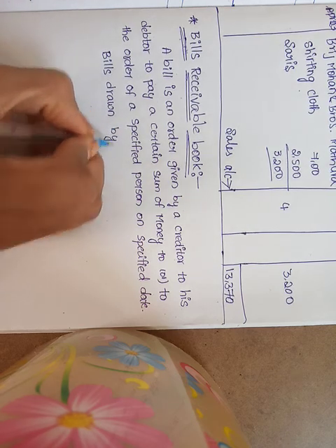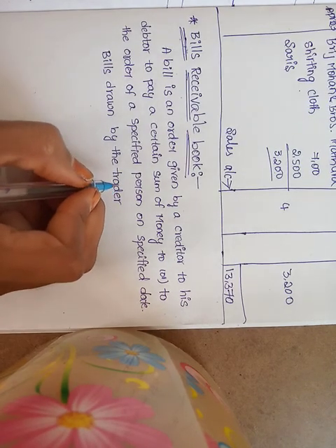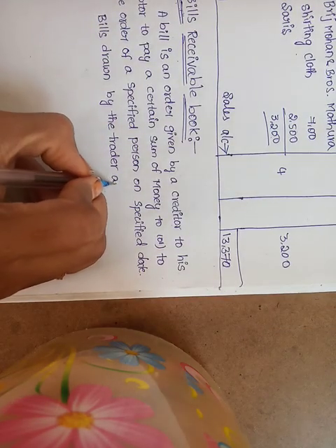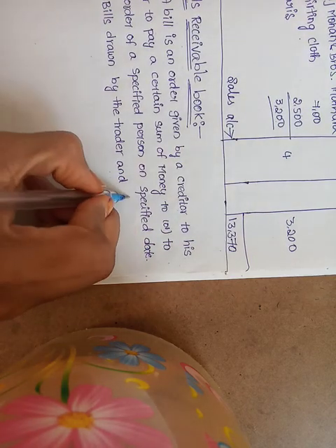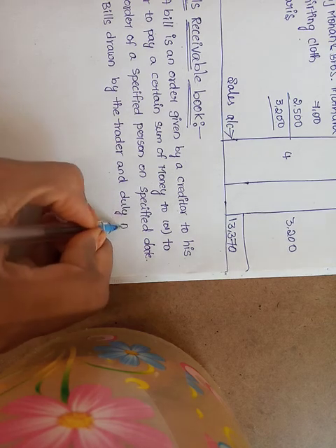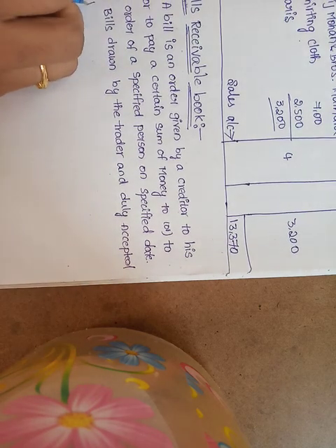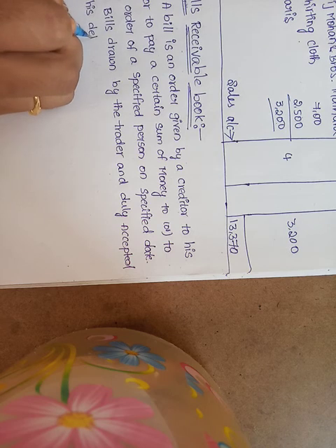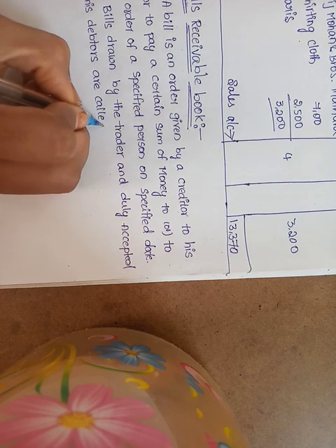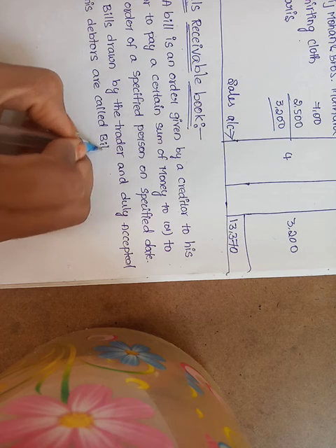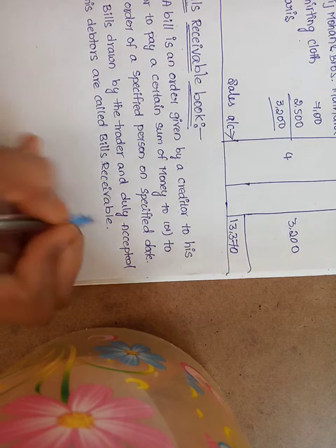Bills drawn by the trader and duly accepted by his debtors are called bills receivable.